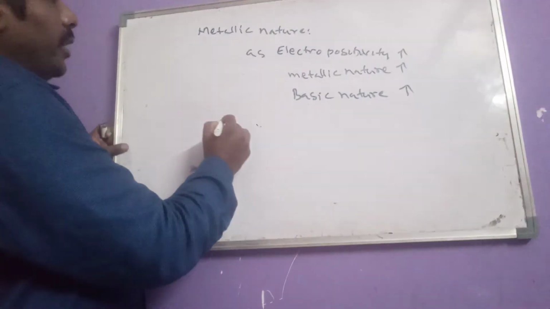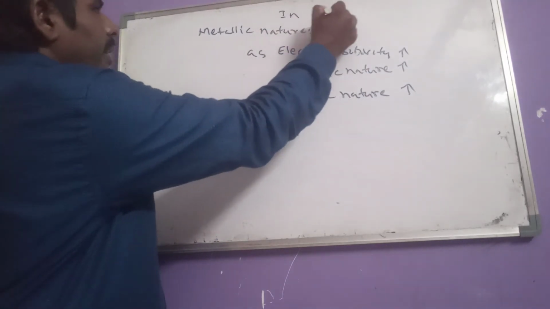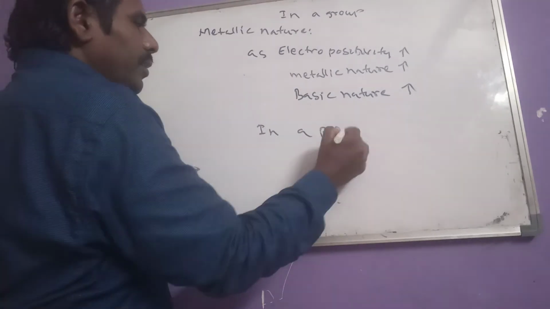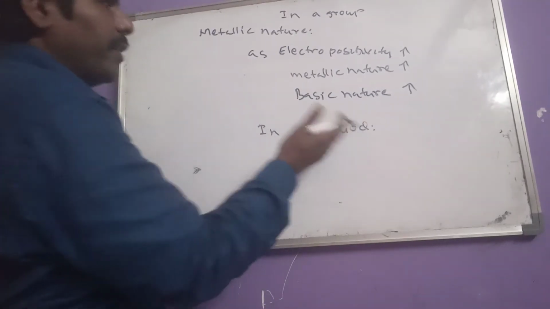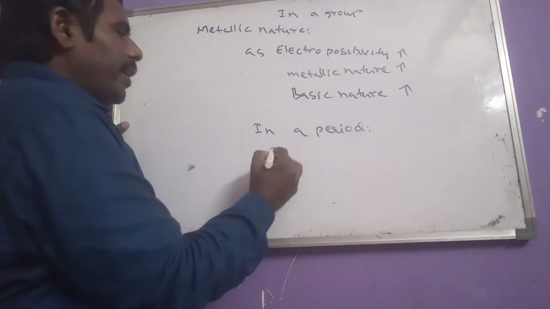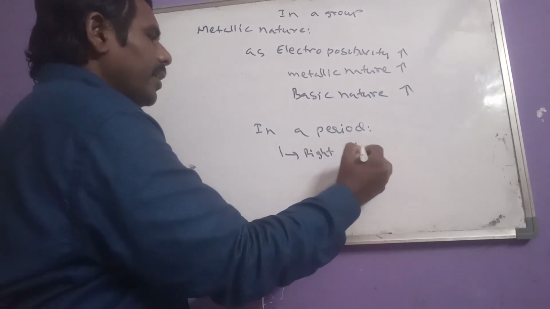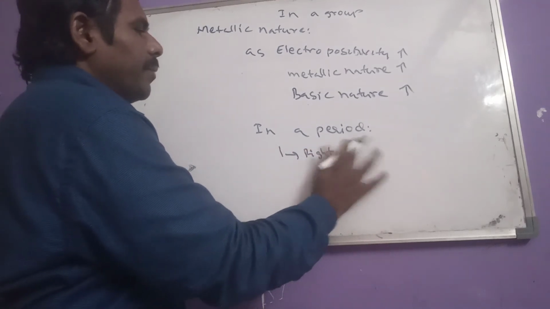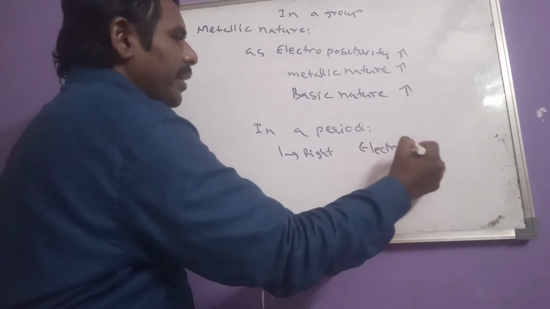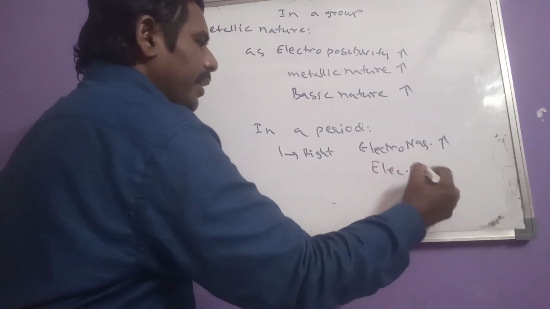This is in a group from top to bottom. Now come to a period. All the above statements are reversed in a period. That means in a period from left to right, electronegativity increases and electropositivity decreases.